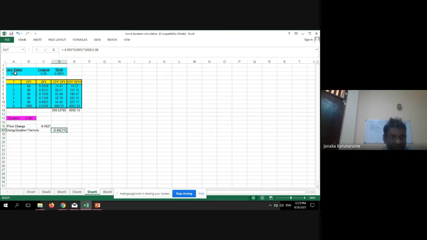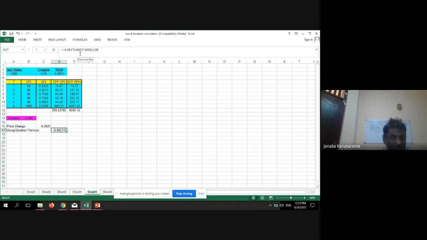The original price is 1000 divided by 1.08, so it is 0.462315. So this is the price change using the normal formula for a 1 basis point increase, and this is the price change using the duration formula.